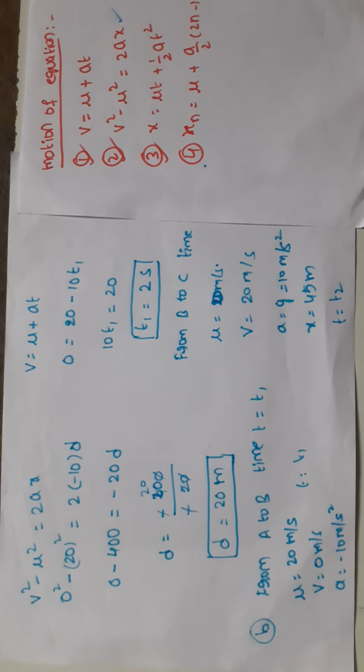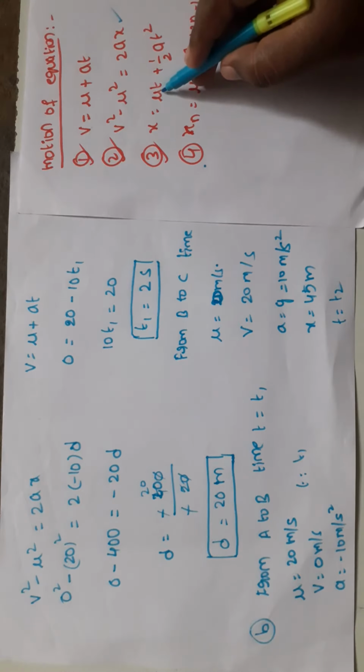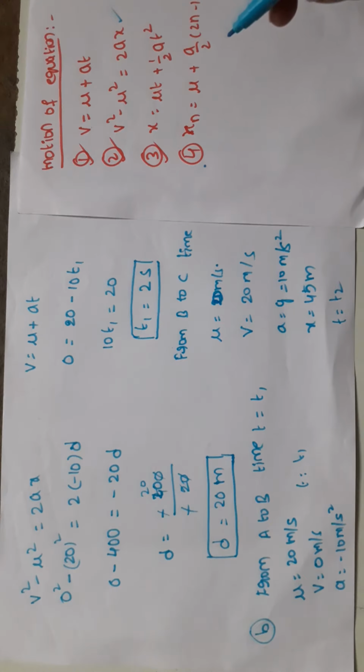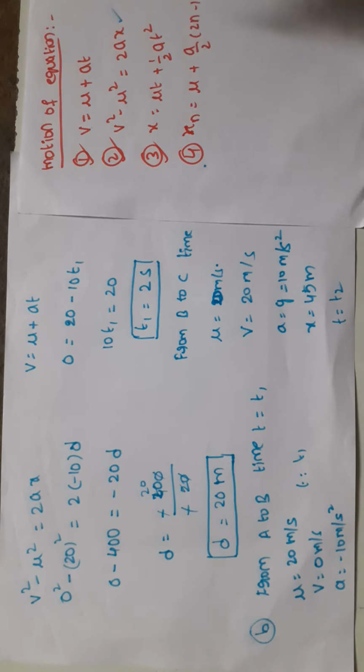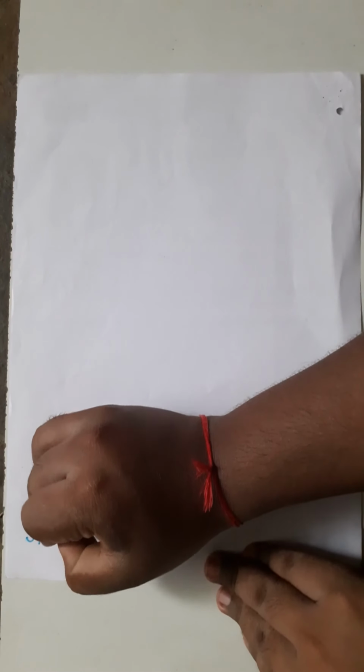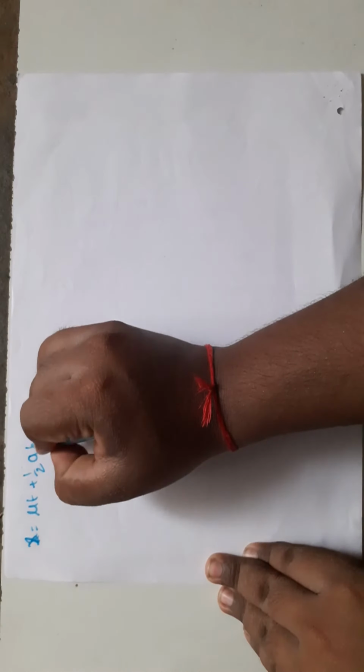In the third equation, x equal to ut plus half at square, x displacement value 45, u value 0 into time t2 plus 1 by 2, acceleration 10, t value t2. So equation 3 is suitable. So what is the equation? x equal to ut plus half at square. That is the formula.